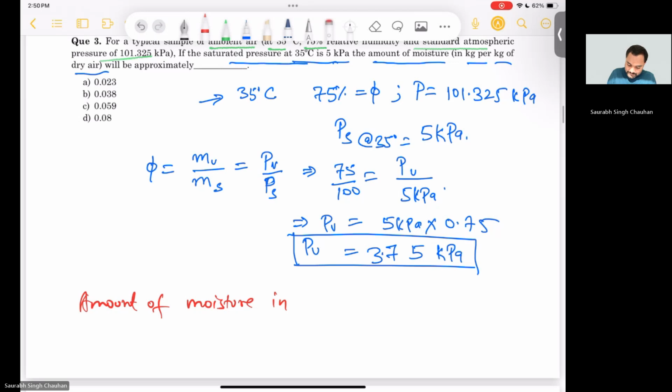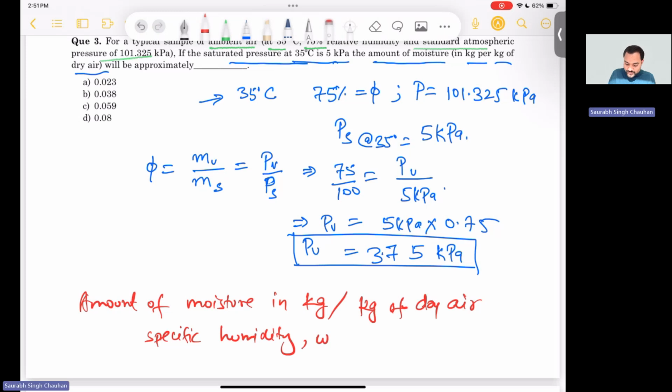So the amount of moisture in kg per kg of dry air is nothing but specific humidity, or omega.